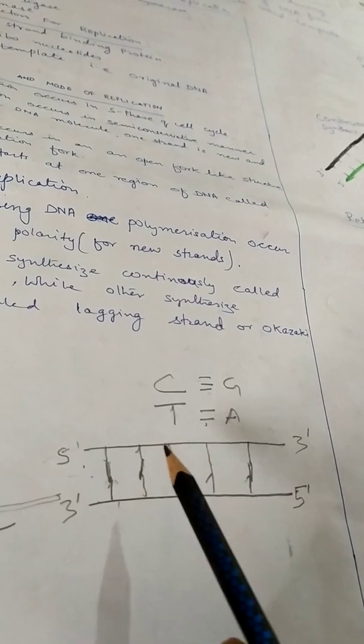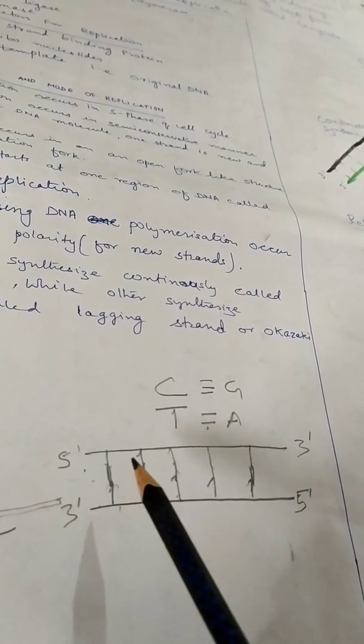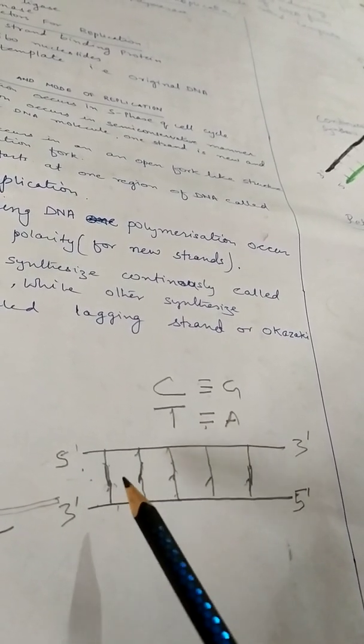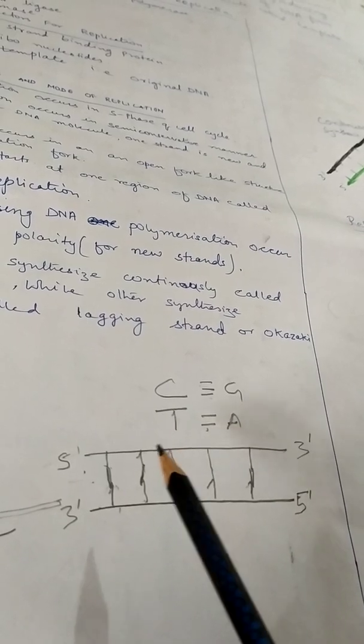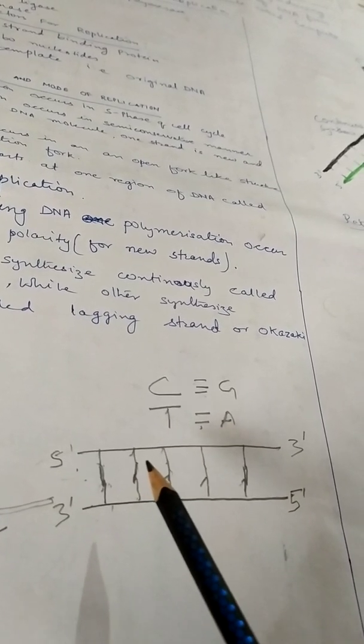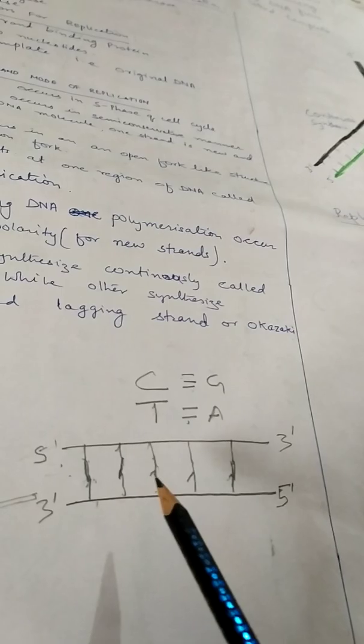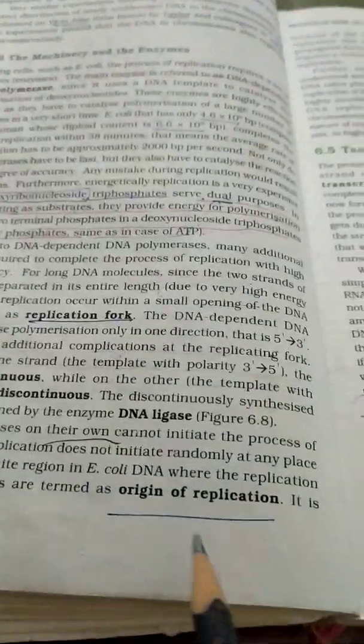There must be some point from where DNA will be open and replication starts actually. That point is called origin of replication. For that, please refer to our textbook. Here it is written origin of replication. Here it is origin of replication.